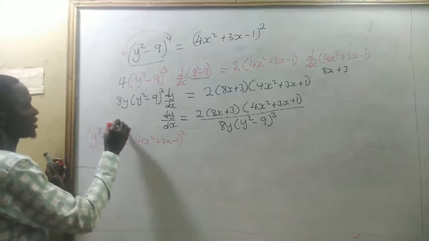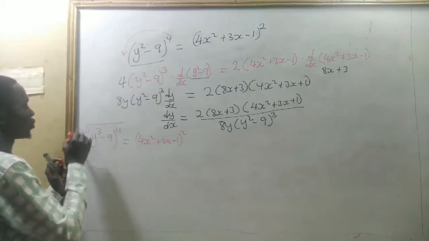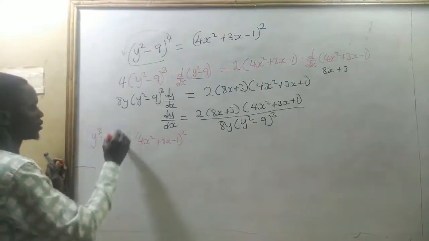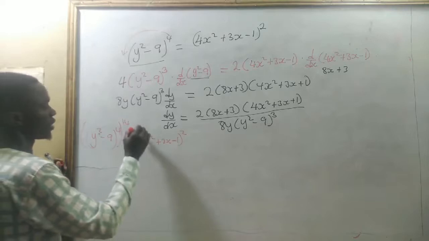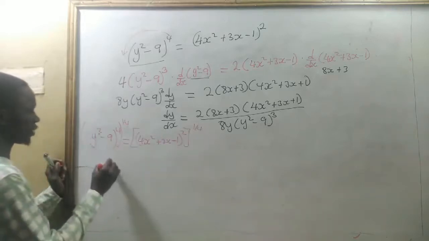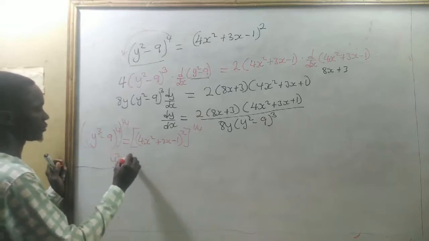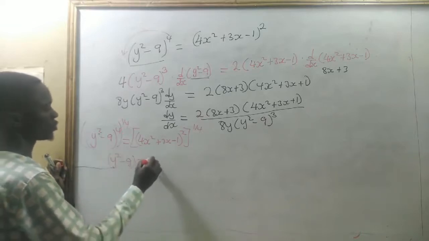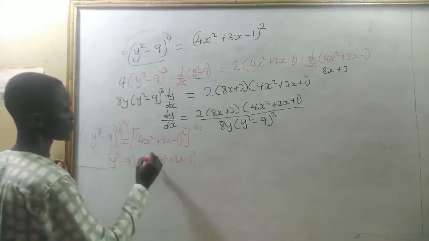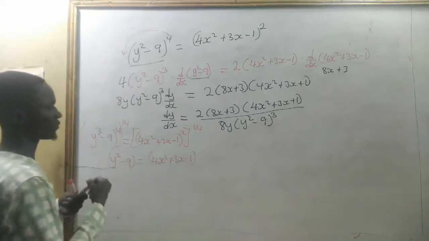If we take the fourth root of this, that is, by raising this to the power 1 out of 4 and then raising this also to the power 1 out of 4, we are going to have y squared minus 9 equal to 4x squared plus 3x minus 1 to the power half.